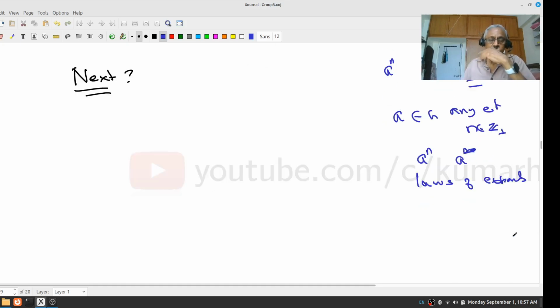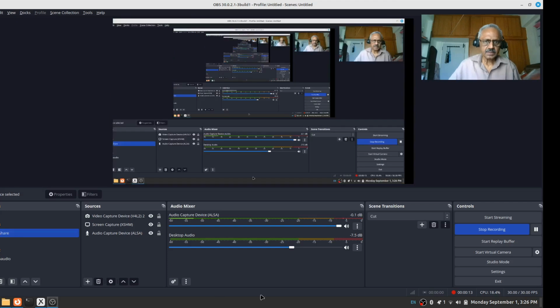So we want to prove the law of exponents. Let us now prove or extend the law of exponents to negative indices. Right? So let us start with that.